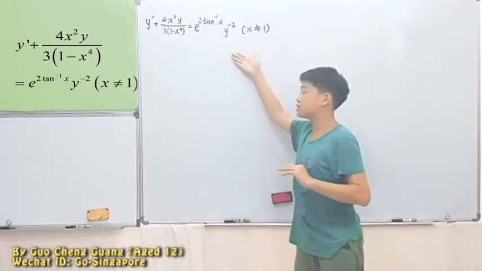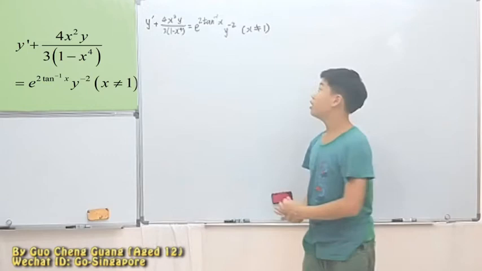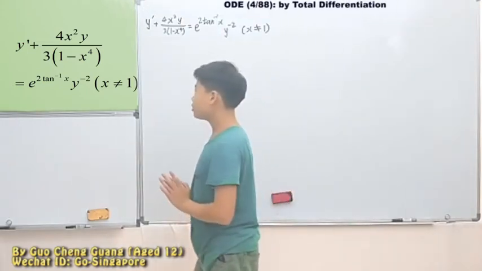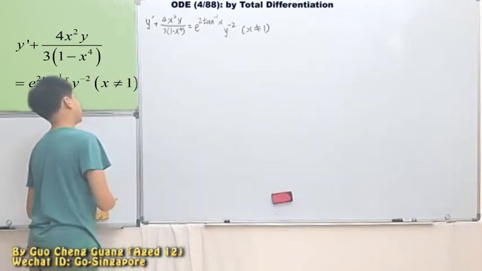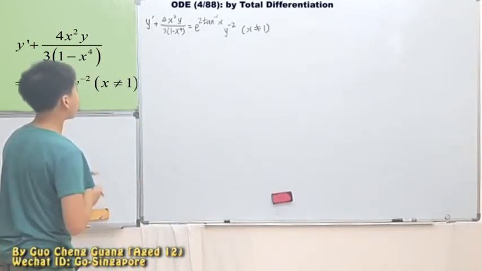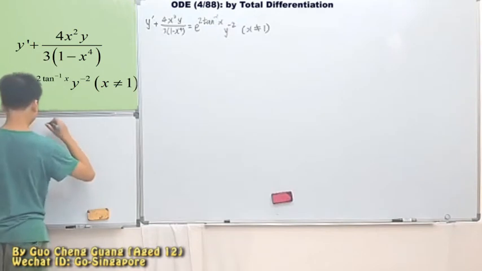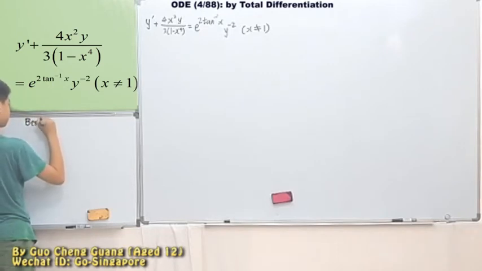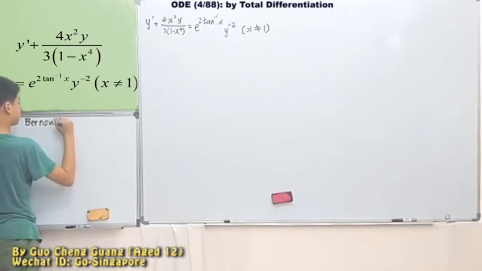Then this is not equal to 0, that means this is non-homogeneous. And for this type of ordinary differential equations, we do have a name for it. We call it the Bernoulli equations.